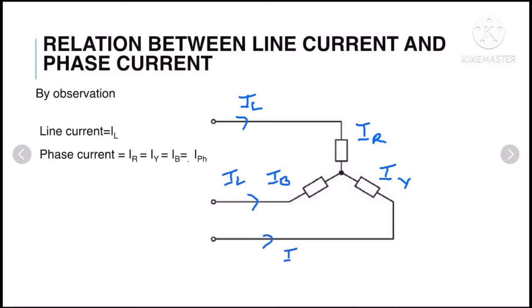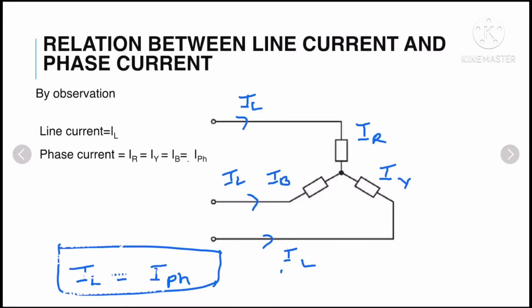By observing this only, you can easily understand that the line current IL is going to be equal to IR, IL is equal to IY, and IL is equal to IB. So we can easily see by observation that in the star connection the line current is equal to the phase current. This is very simple.